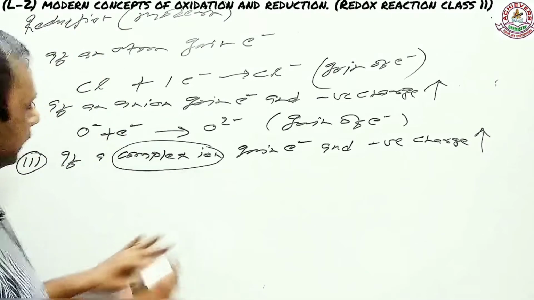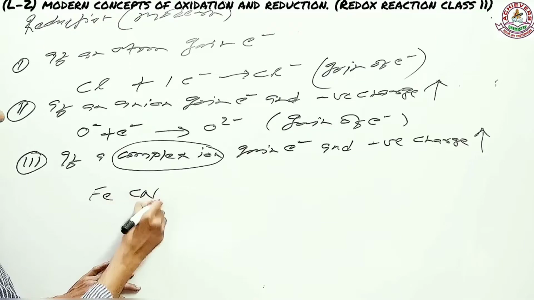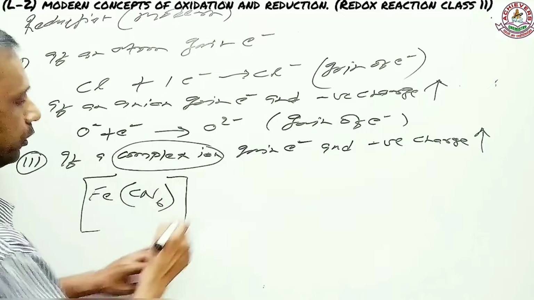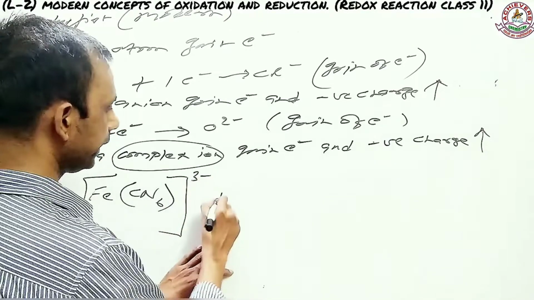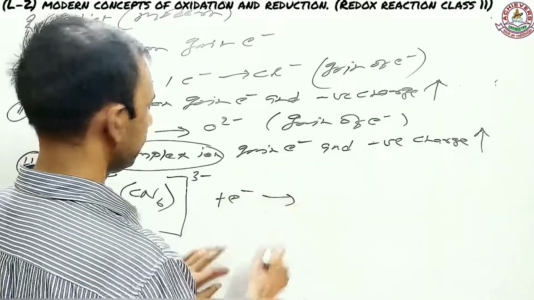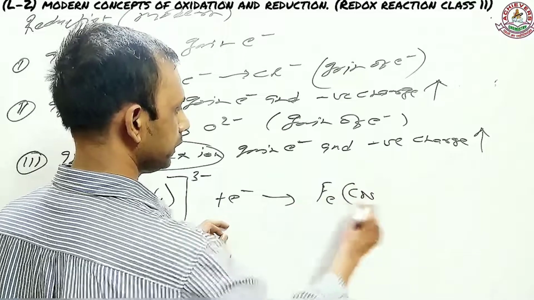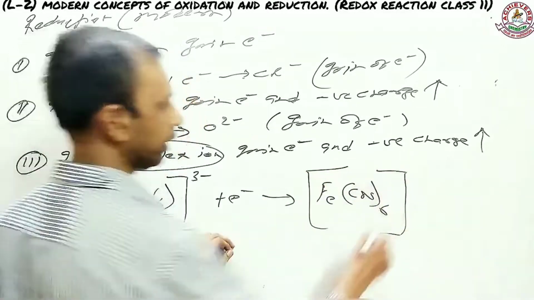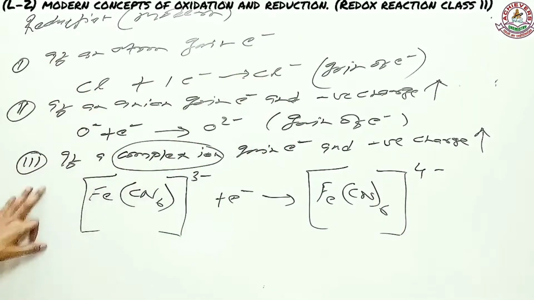So if a complex ion gains electron, let's take the example, Fe(CN)6 with 3 negative charge. Now, if it gains 1 electron, what will happen? This negative charge will increase. So Fe(CN)6 will become 4 negative. So this is the third case.